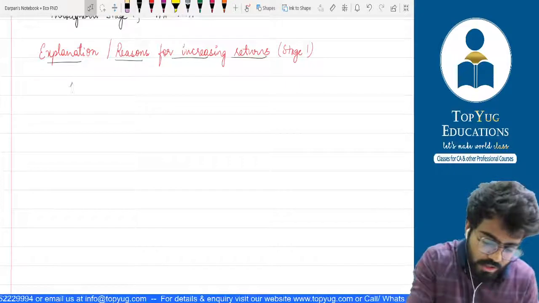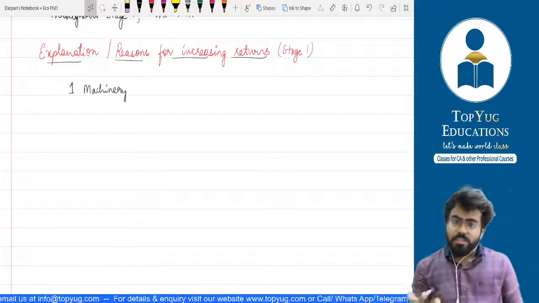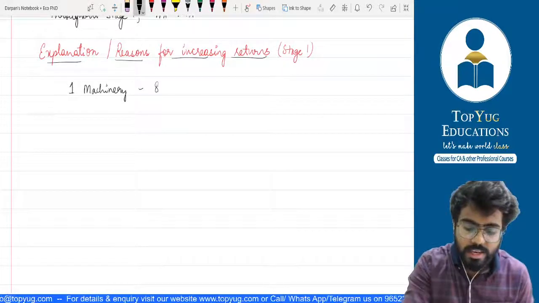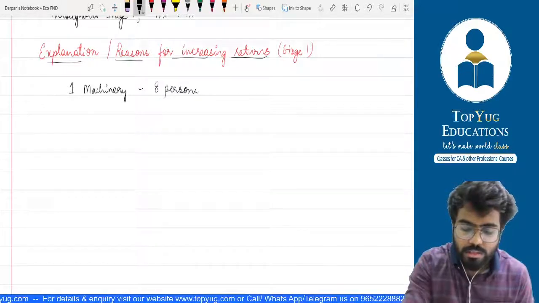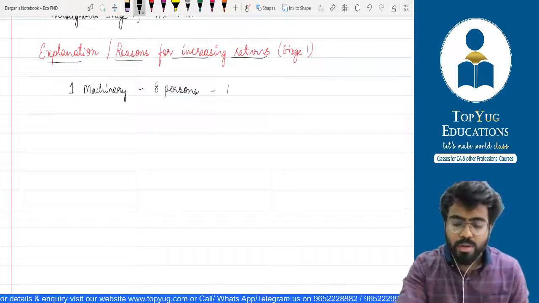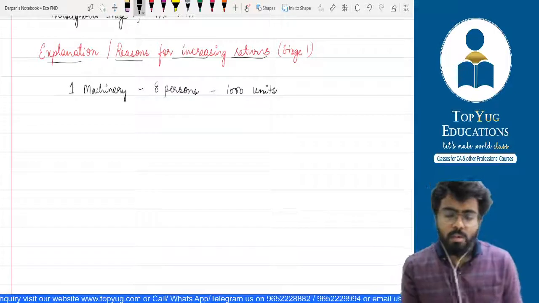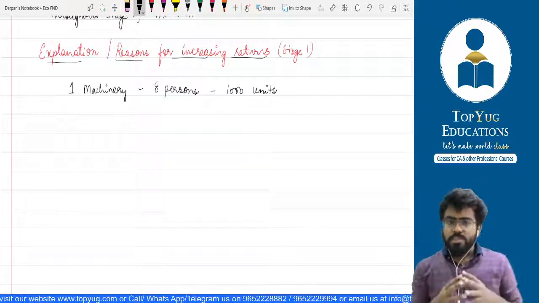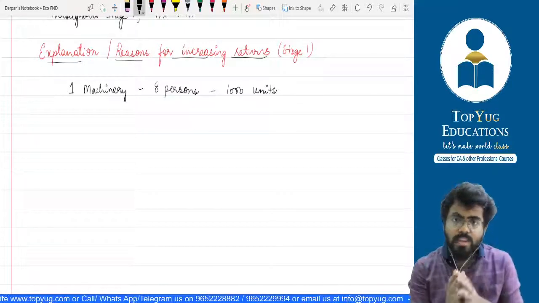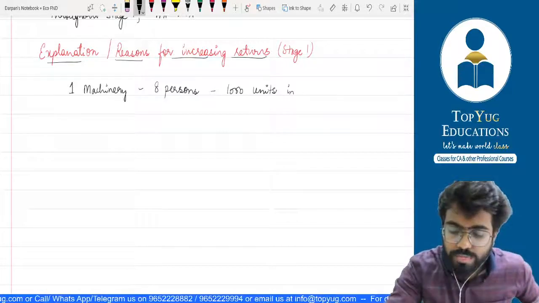This machinery can employ about, let's say, 8 persons, and they can produce about 1000 units. So there's one machinery and it can occupy about 8 employees. If they work on that, they can produce a total of 1000 units, let's say in a month.